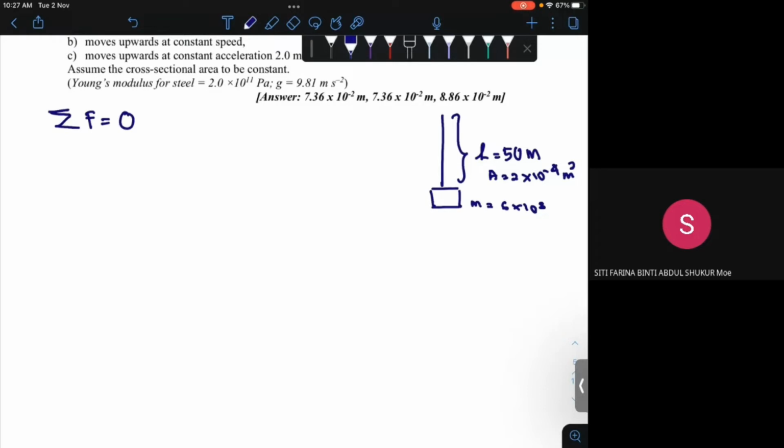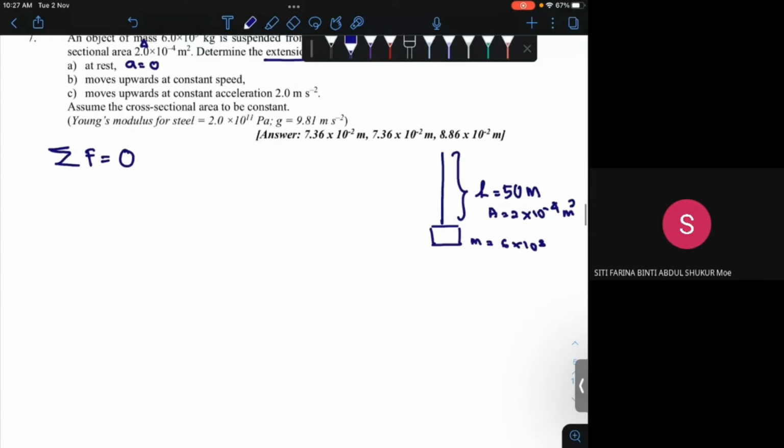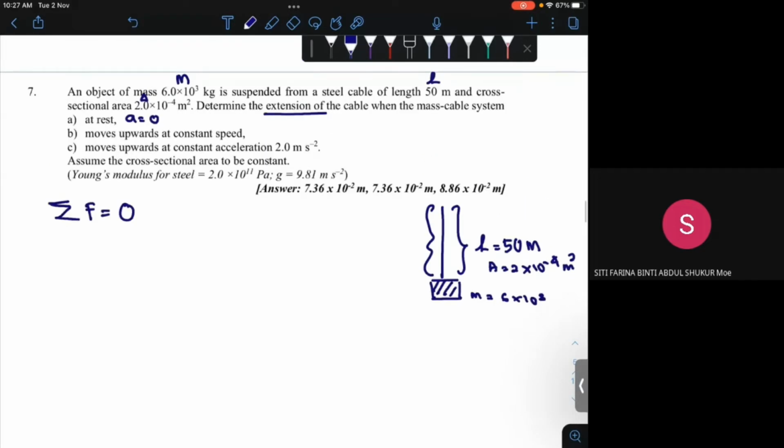So the total force here is equals to 0. Apa yang jadi dekat sini adalah, ini objek kita lah, kita fokus pada sini. Okay, which causes the cable to extend. So this cable is going to experience 2 type of force, iaitu weight ke bawah, itu pemberat yang kita gantung, dan juga tension ke atas.